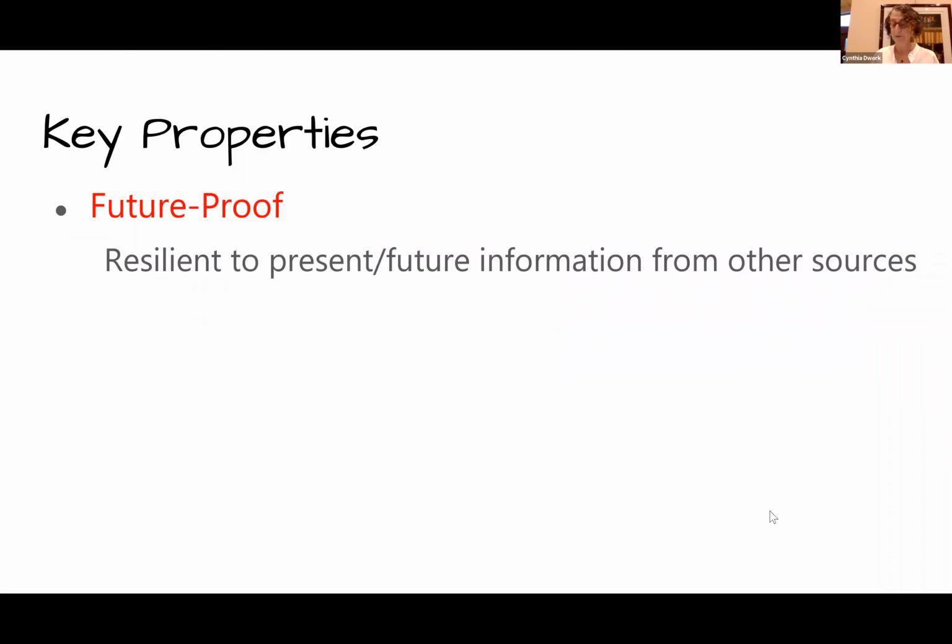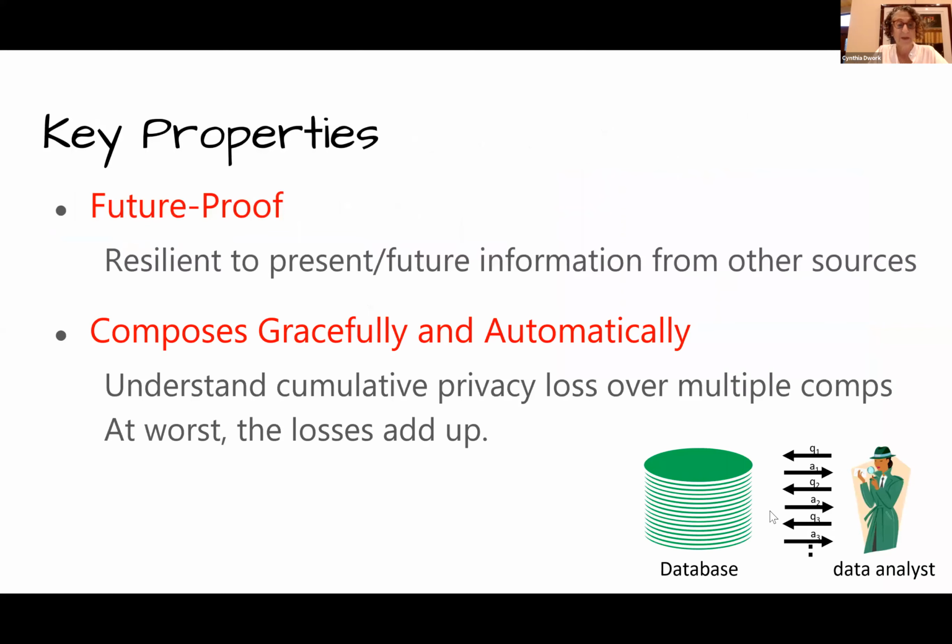Okay. So key properties of differential privacy that flow from the definition. It's future-proof, as we've discussed. It composes gracefully and automatically, so we can understand mathematically the cumulative privacy loss over multiple differentially private computations. And at worst, these losses add up.